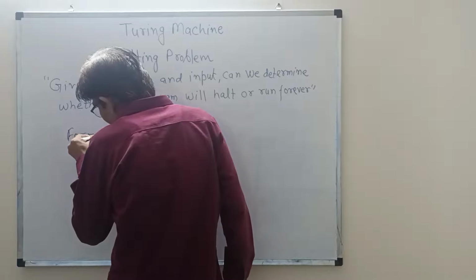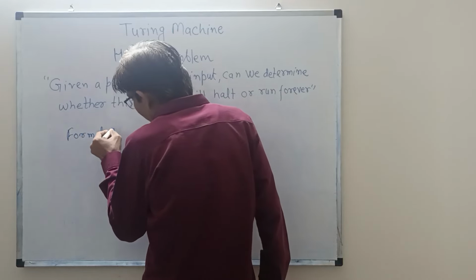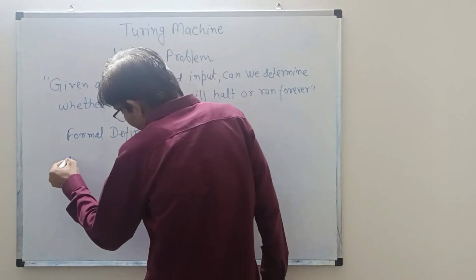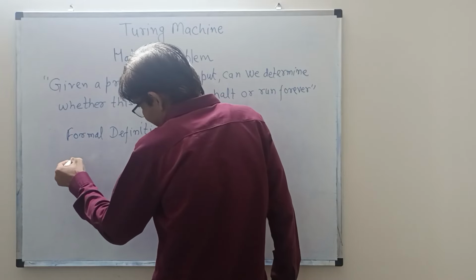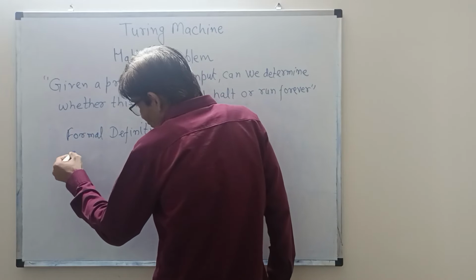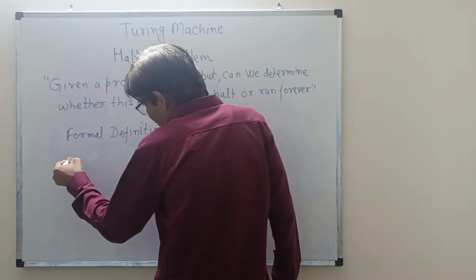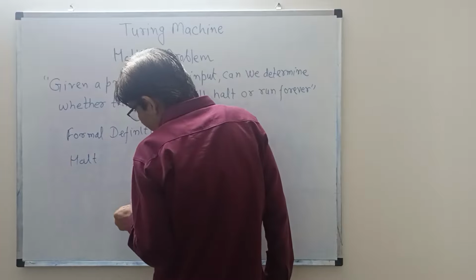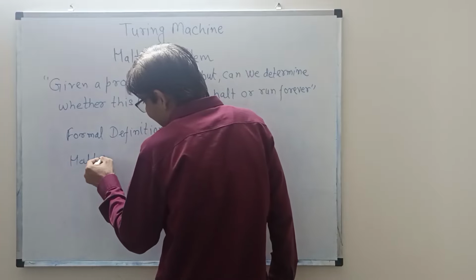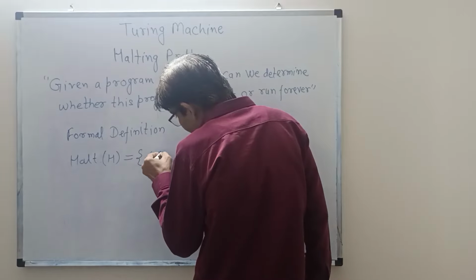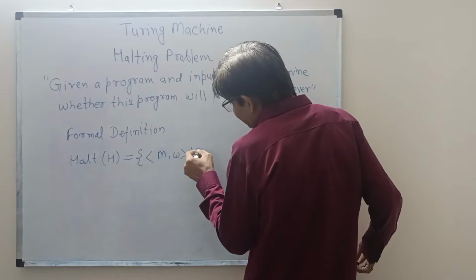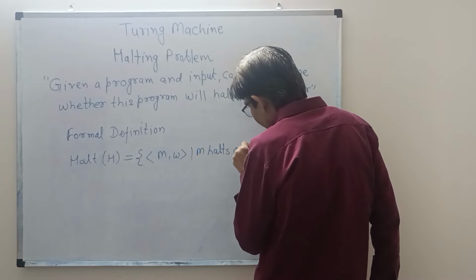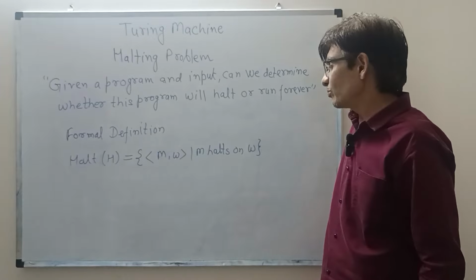So formally we can define the halting problem as: consider one machine as M. You can consider this as a Turing machine, and one input to this as W. Then one machine that always halts, or in short you can call it H, is for M comma W. This means M halts on W. So this is the formal definition of the halting problem.